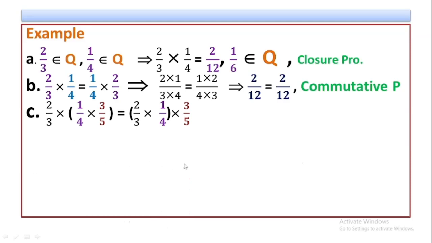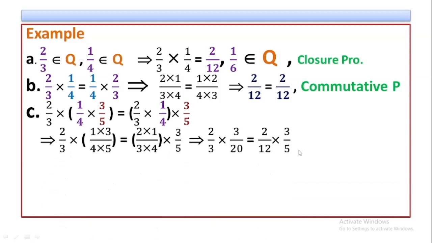This is the associative property of multiplication. When we solve the right side and the left side, we get the same result.